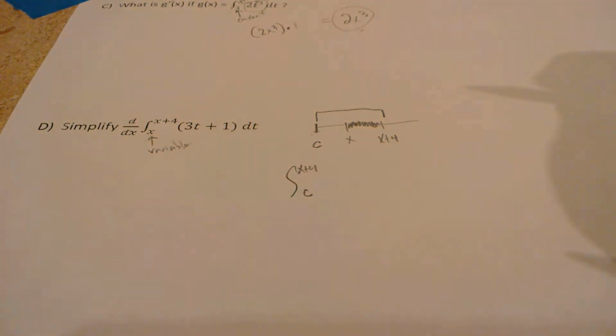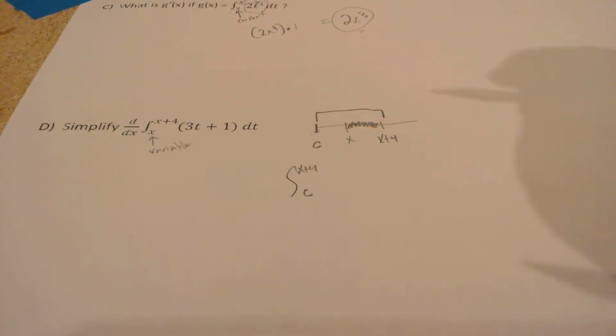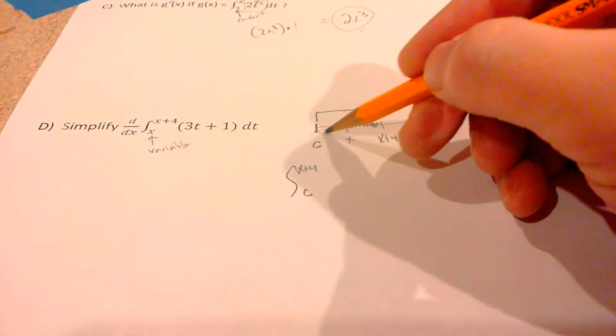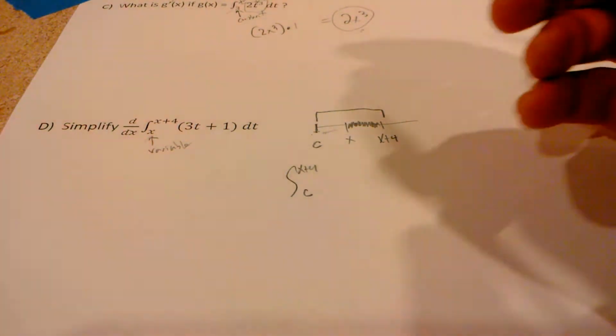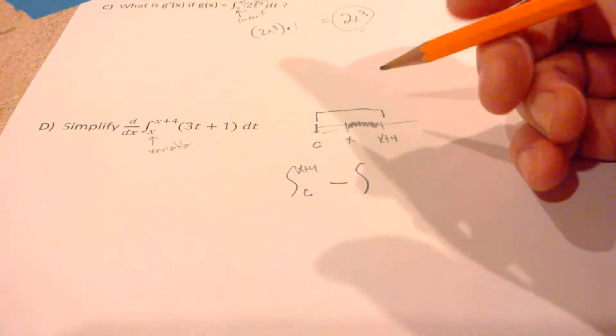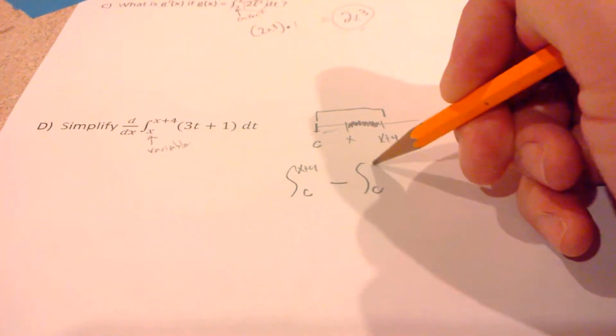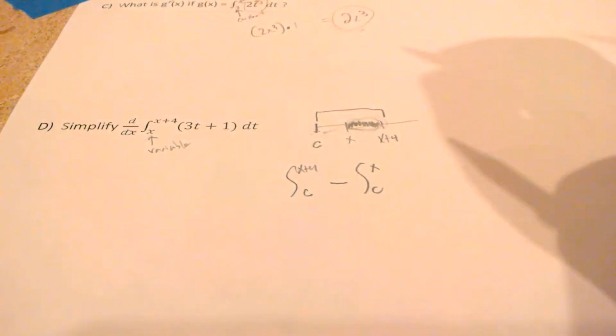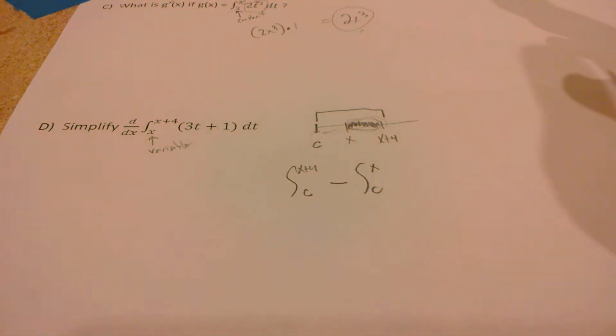So it's going to cover that range. That's too much stuff. I've included this extra little interval that isn't supposed to be there. So I'm going to subtract away the integral going from c to x. And that will in turn give me the very interval that I'm trying to figure out.